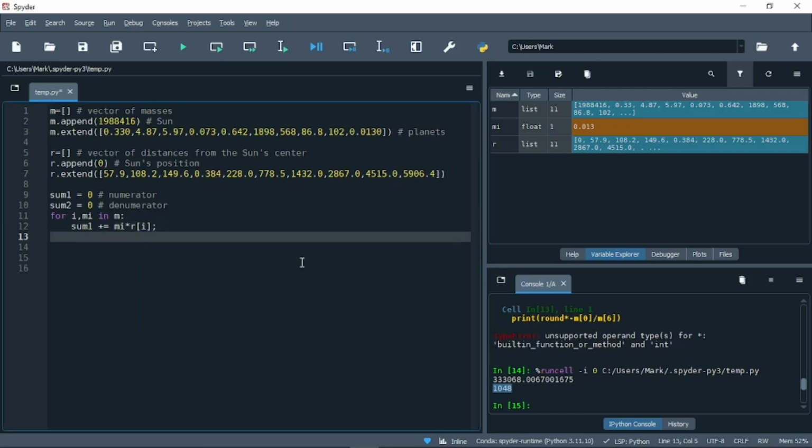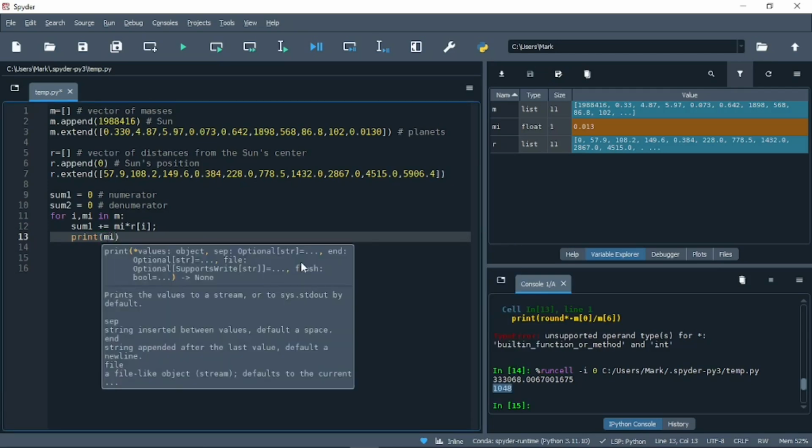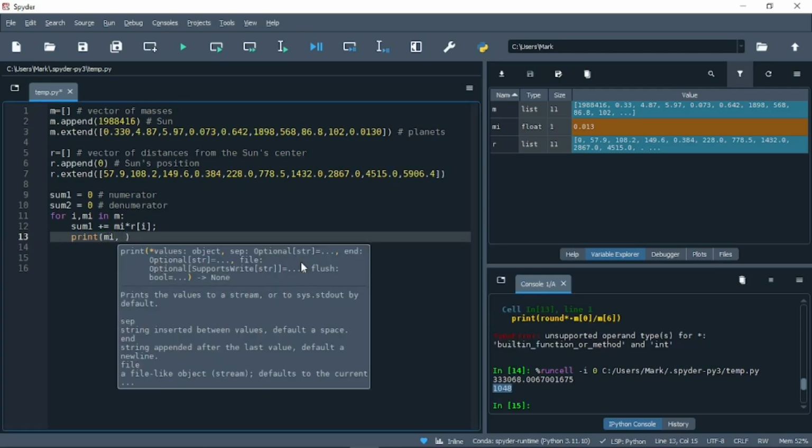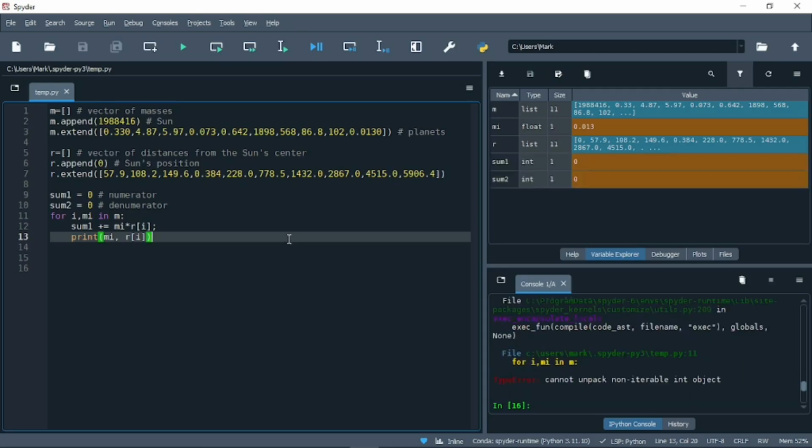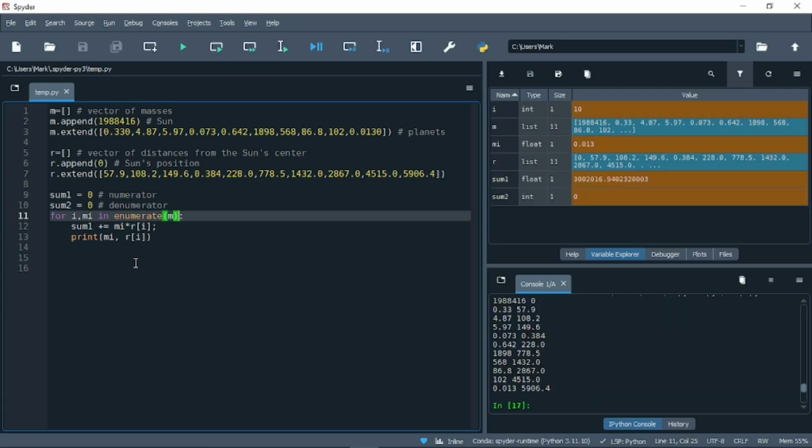Let's check, always checking, mi and ri. Cannot unpack, maybe there's an error here, because of enumerate. Is this the problem? Let's check.